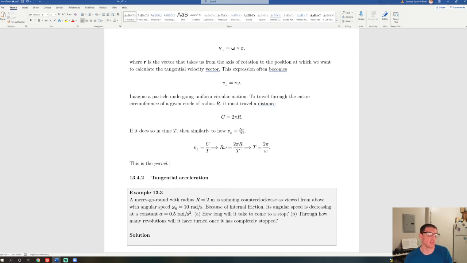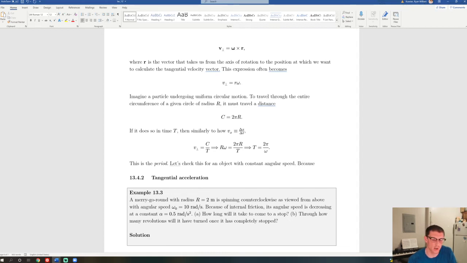So let's check this, right? For an object with constant angular speed. And remember that one of our kinematics equations told us theta as a function of time, right? And so I'm going to just rehash that here.